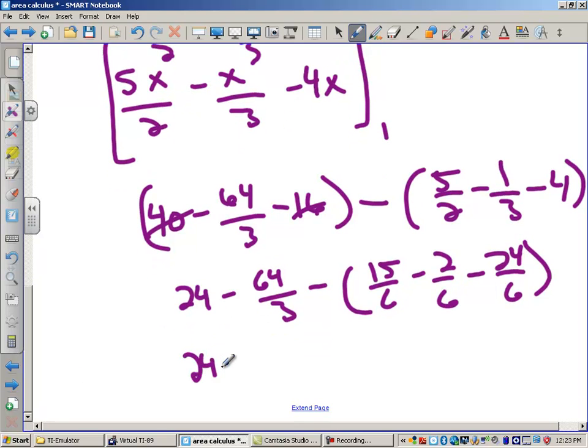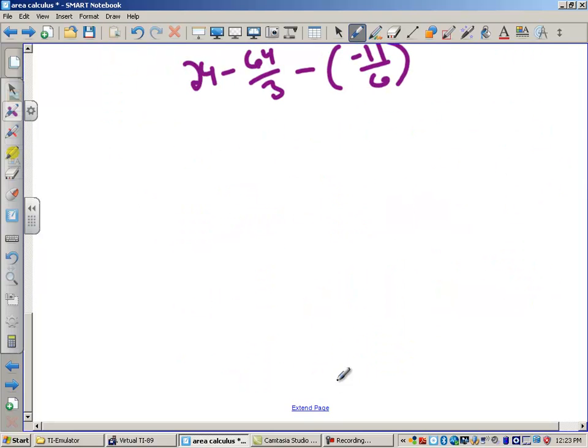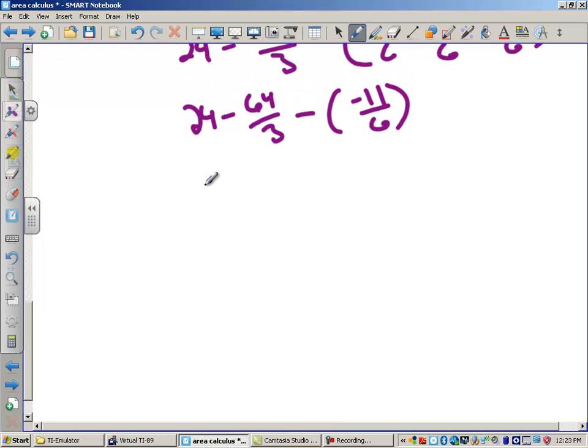So I've got 24 minus 64 thirds minus, so that's 15 minus 2 is 13, minus 24 is negative 11 sixths. Went down too far. So now I've got 24 minus 64 thirds plus 11 sixths.